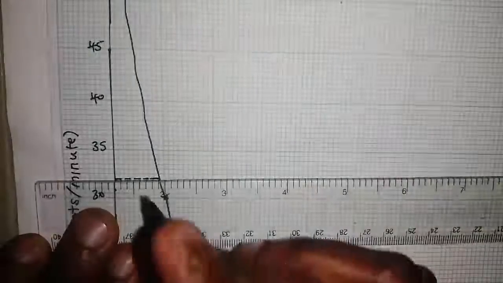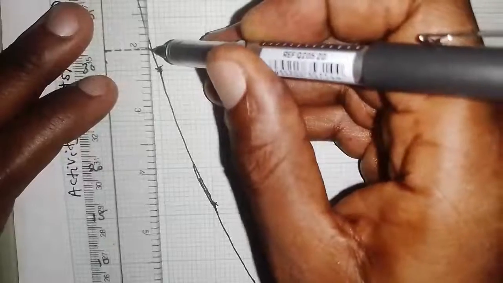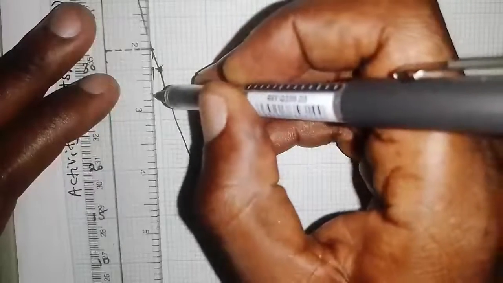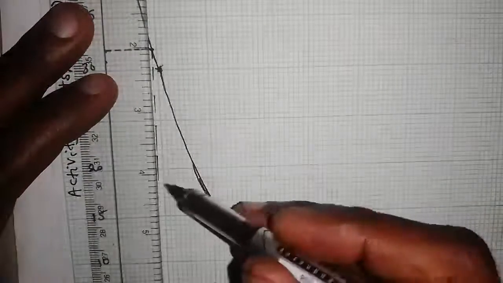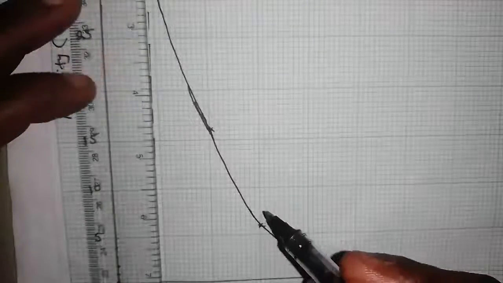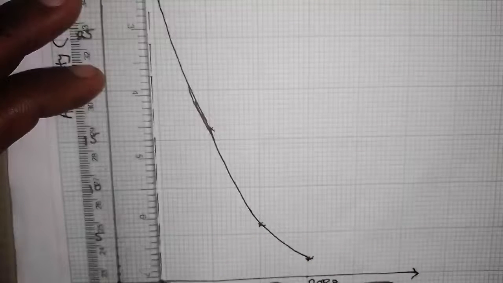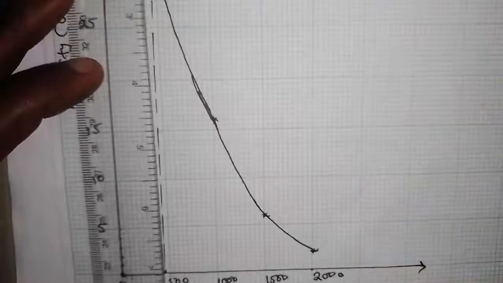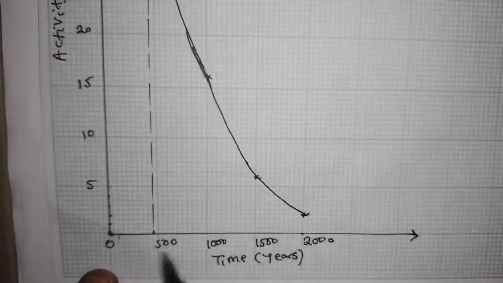The moment you meet the curve, you stop, and then you drop down, because the half-life is a time. You continue until you reach where there is a value along the x-axis.